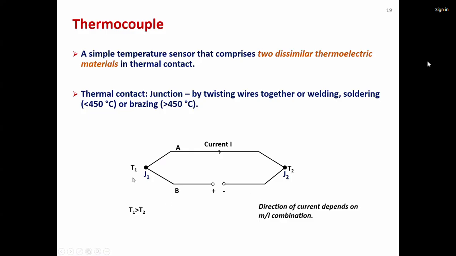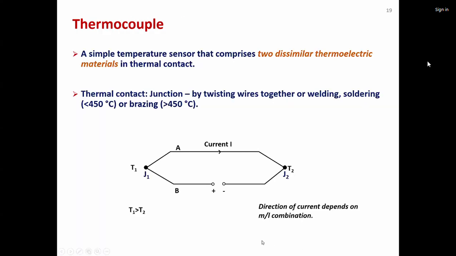In this example, if you have T1 greater than T2, then you will have the direction of current as shown. And of course, the direction of current would depend on the material combination. So we'll talk about what materials are used for thermocouples and what is positive material and what is negative material shortly.